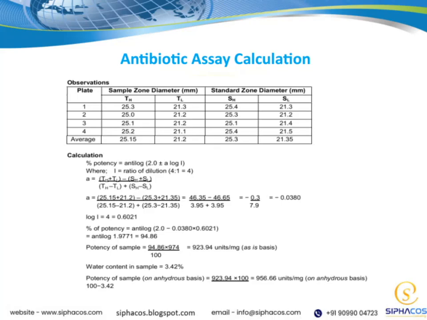Let's take a closer look at antibiotic assay calculation. This slide is all about understanding how we determine the potency of an antibiotic sample through calculations. The key points here include how we use standard curves and sample readings to find the concentration. It's important to grasp that accurate calculations are essential for ensuring the efficacy and safety of antibiotics.